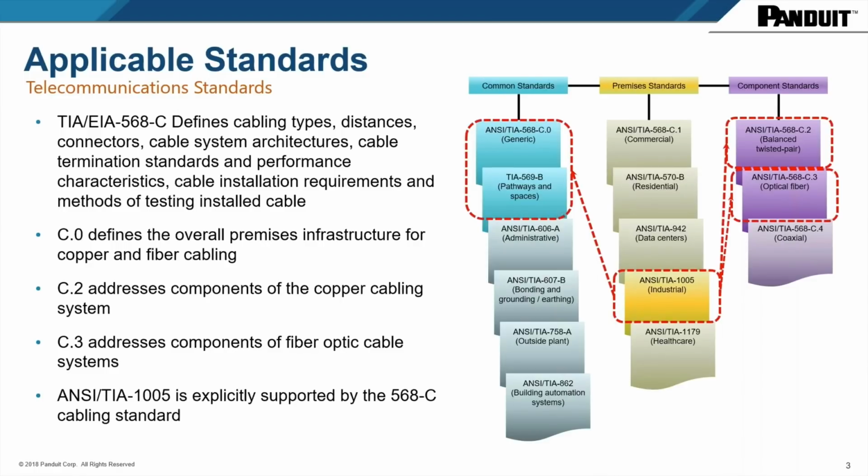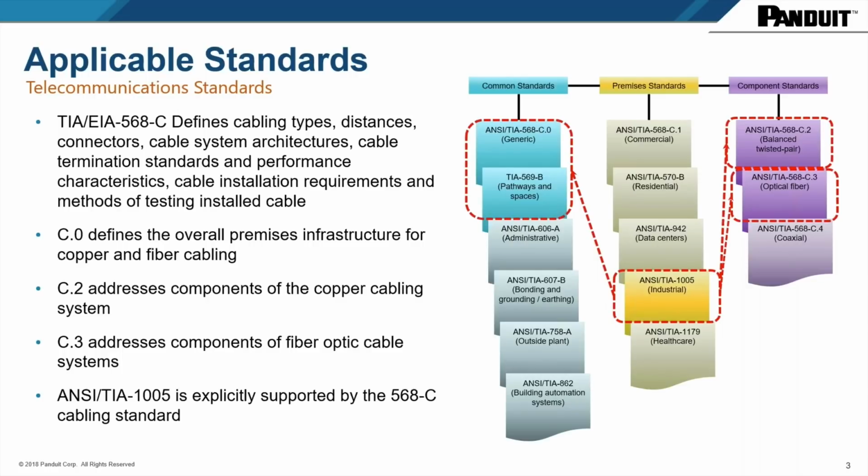So TIA 568 is a common standard that was initially created to discuss how the communication networks are deployed in general. That standard evolved over time and several additions were added to it.